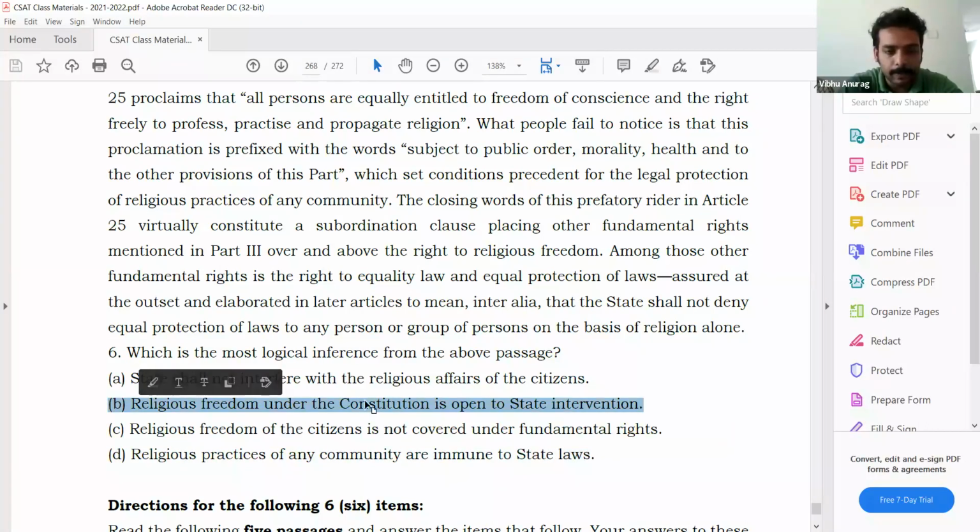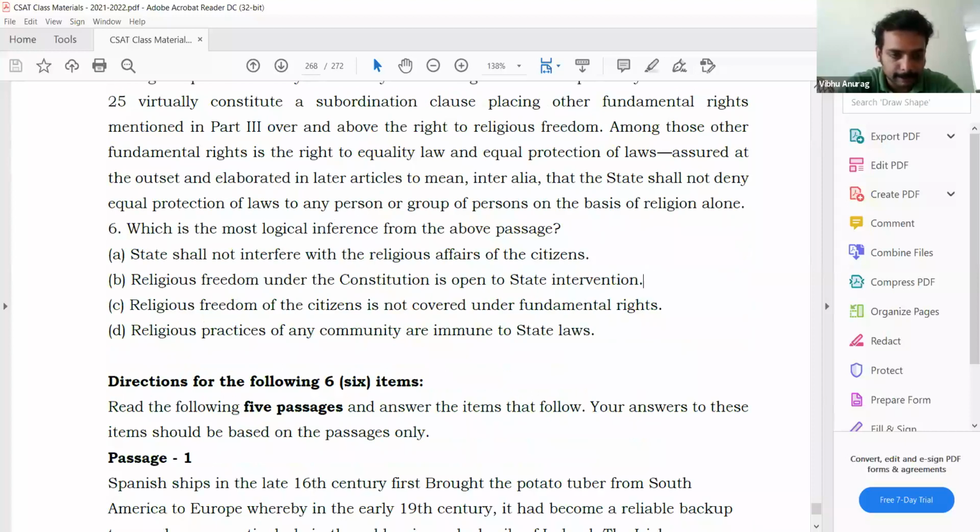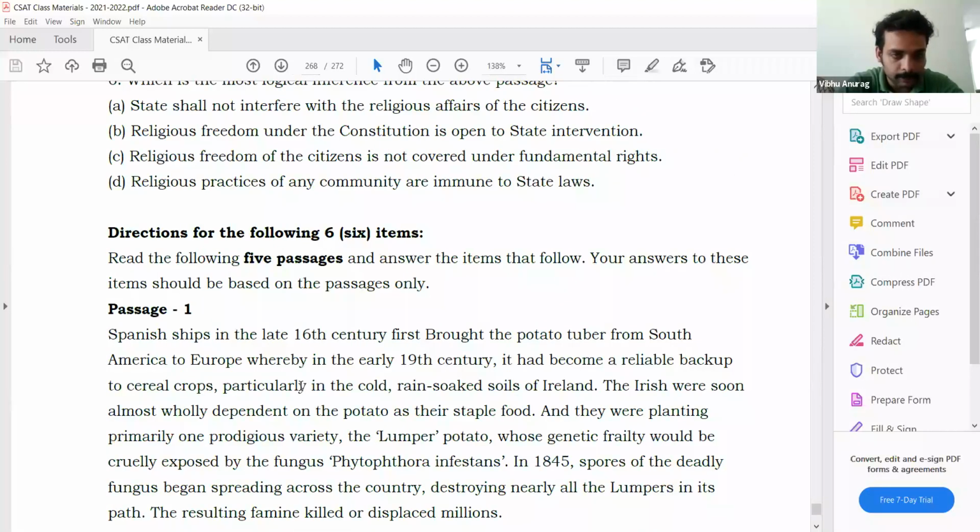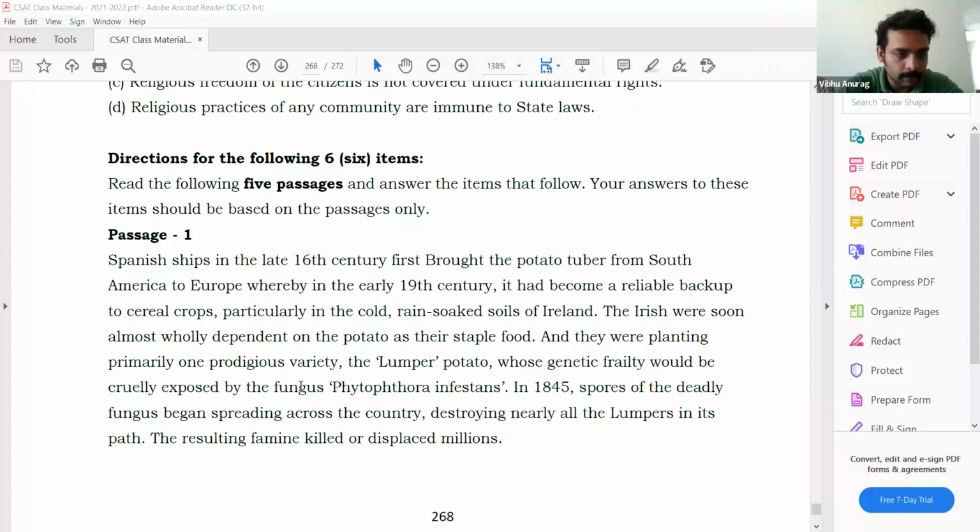Sixth is B. And that brings us to a close. I'll just tell you the answers for the last 6. You can solve it later.